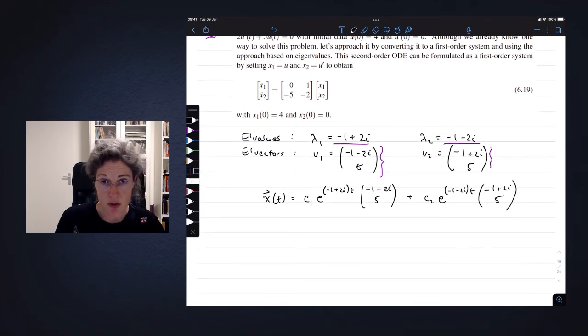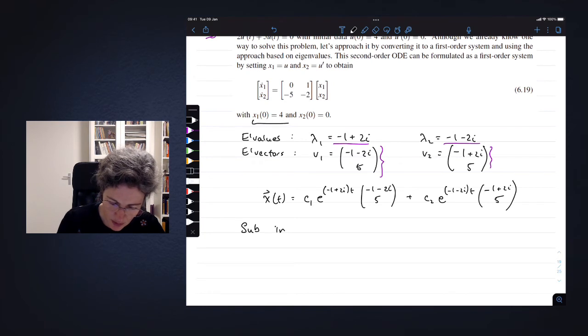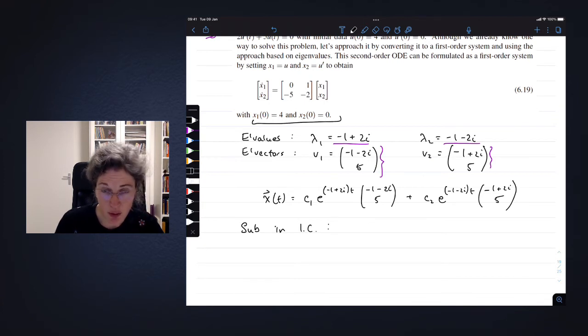So that's our general solution, and if you substitute in our initial condition, then you should find, and I'm going to let you do the working for this, that C1 is equal to i, and C2 is equal to minus i.